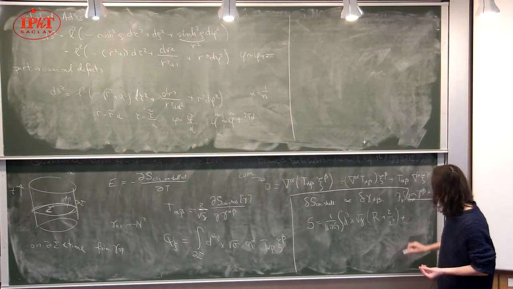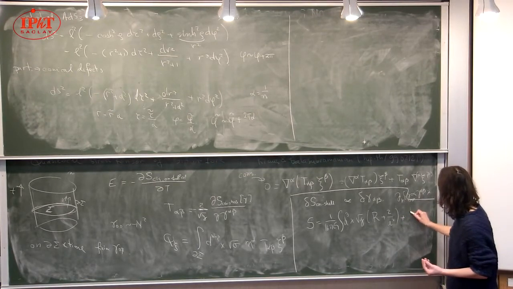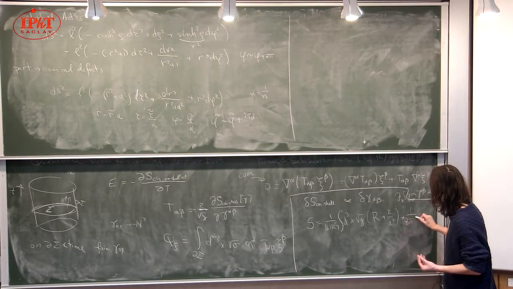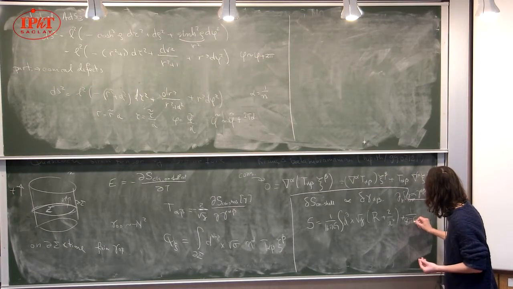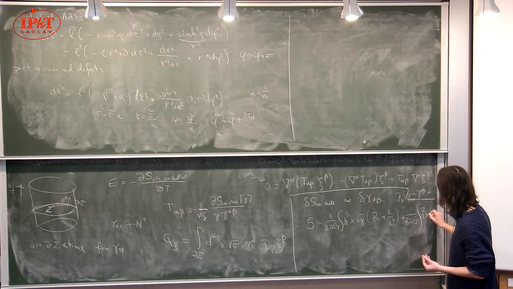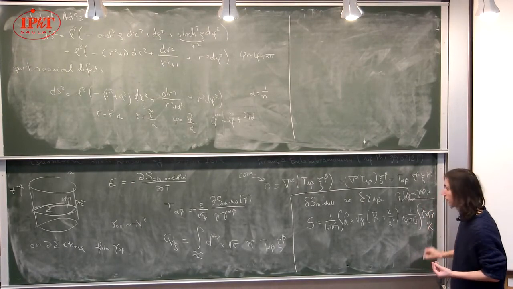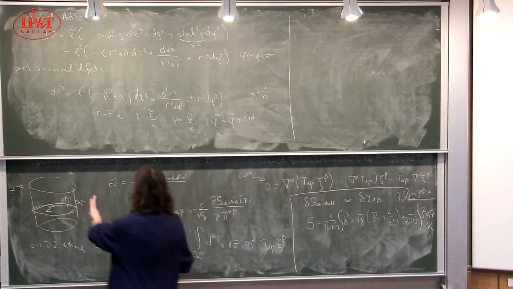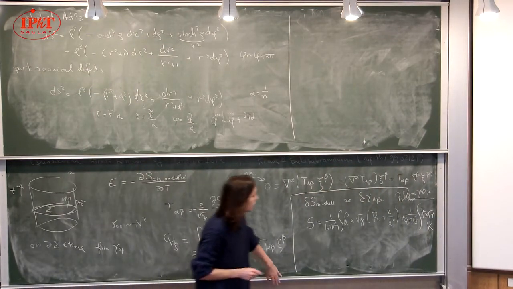It turns out that the boundary term you have to add is the integral of the extrinsic curvature of the boundary. So this is an integral d^(d-1)x of square root of gamma times K, where gamma is the induced metric on the boundary.